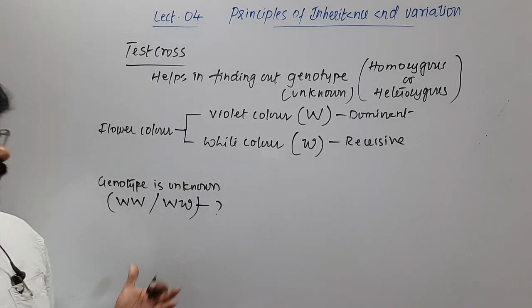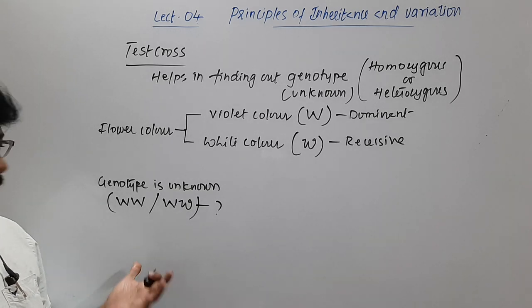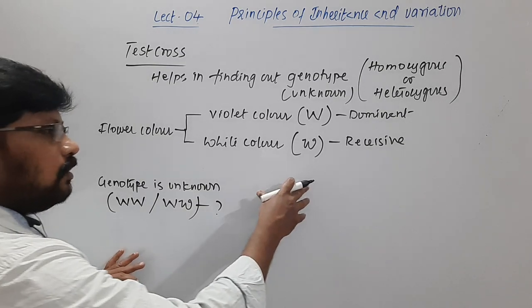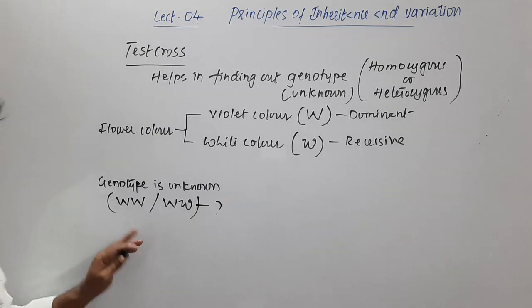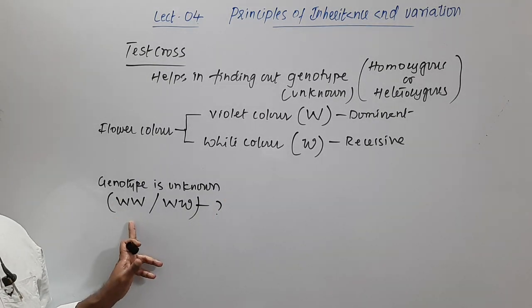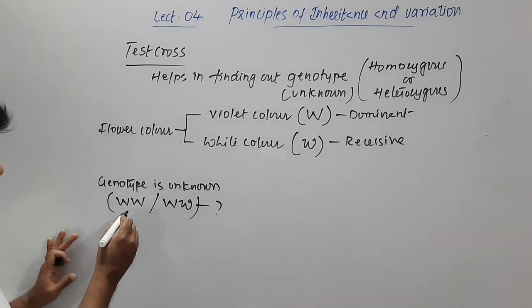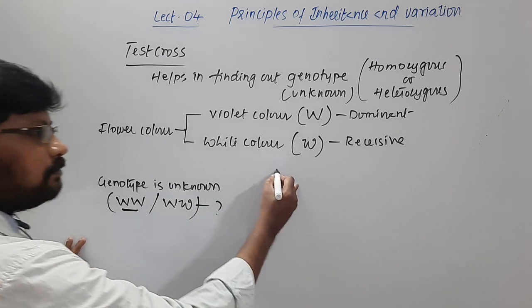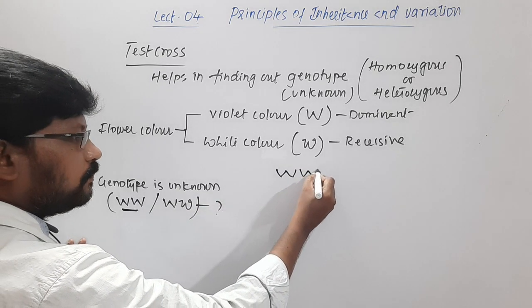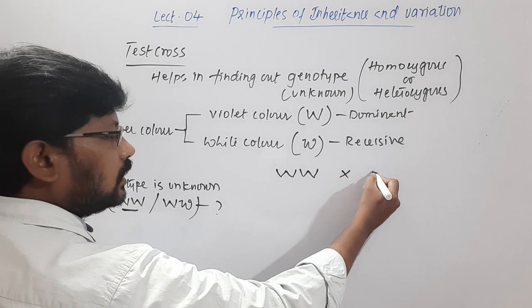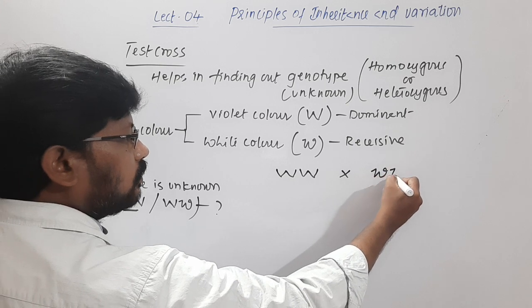How do we find out? I told you already, we need to cross this unknown genotype with its recessive parent. First we will take capital W and cross it with the recessive, small w.